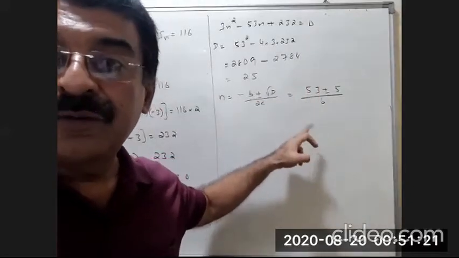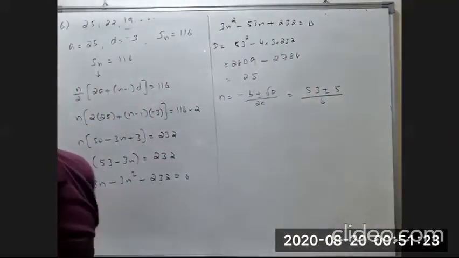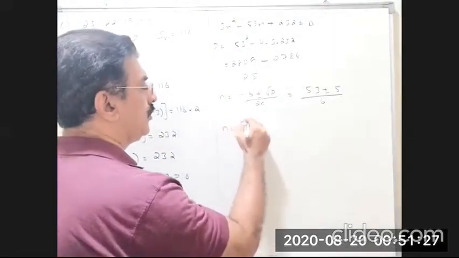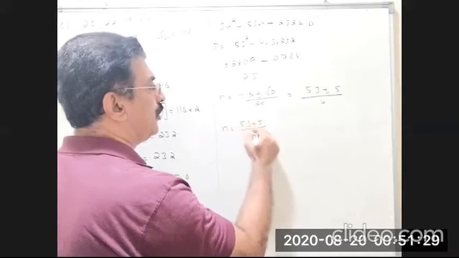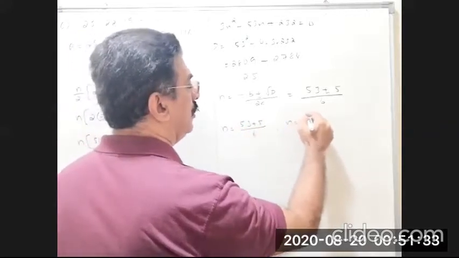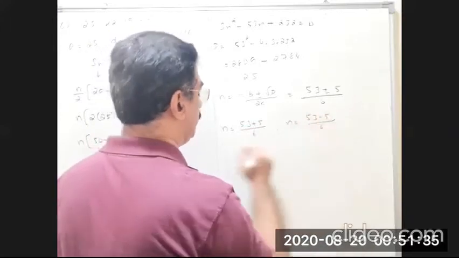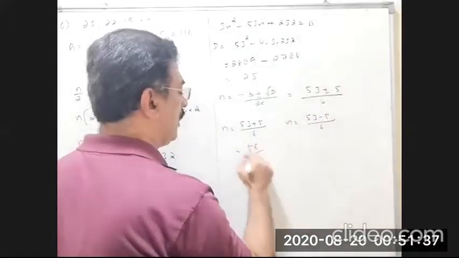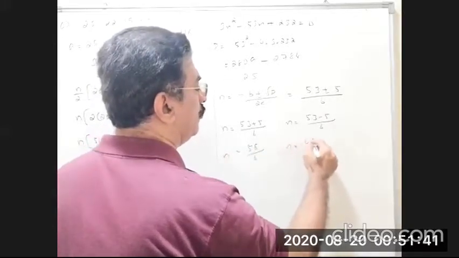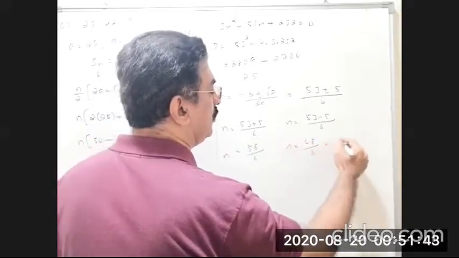Either use the discriminant or you can go for factorization as you wish. Whichever is easy for you, go for it. 53 plus 5 by 6, 53 minus 5 by 6. 58 by 6, 48 by 6. This is 8.